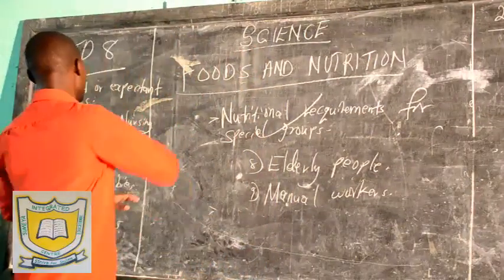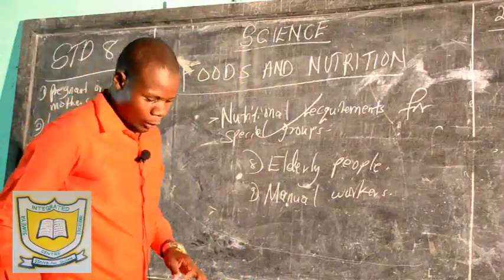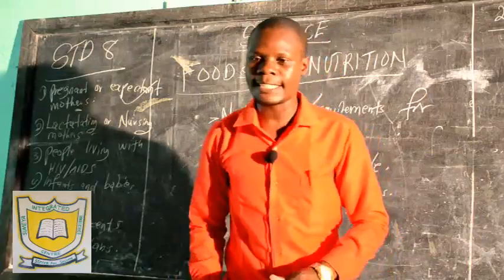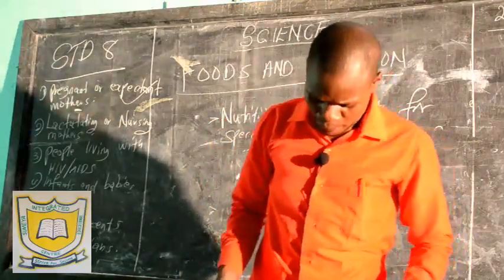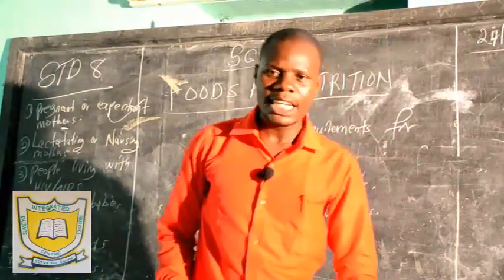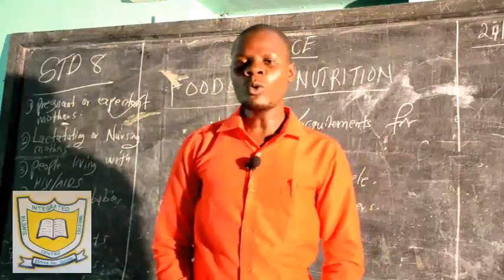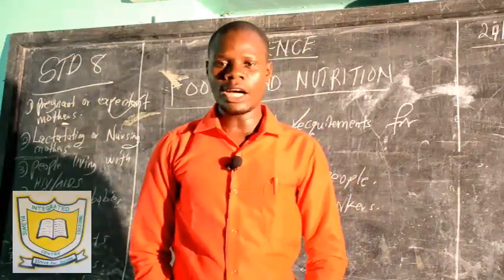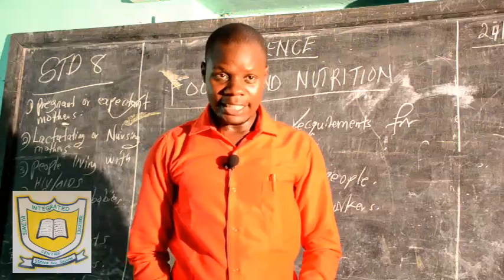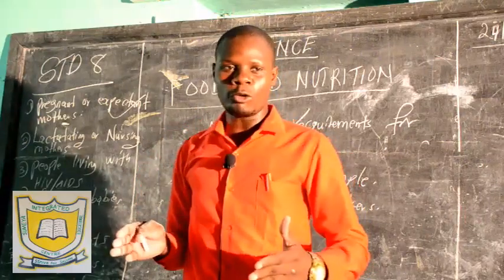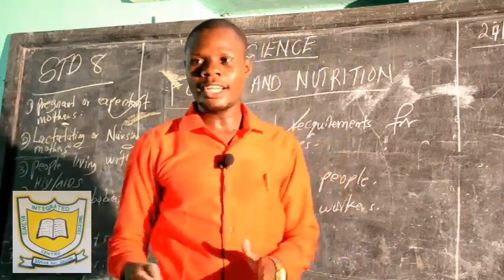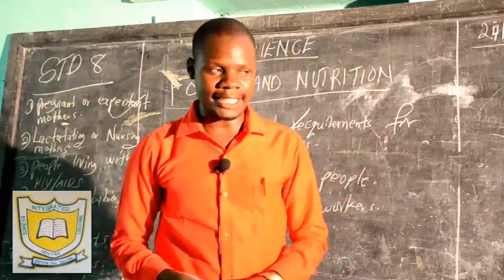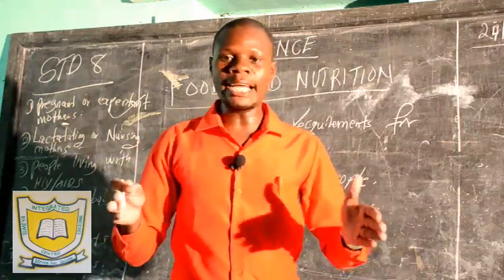I start with the first group, which is pregnant or expectant mothers. What do we mean when we talk of pregnant or expectant mothers? These are women who are expecting to deliver. Between the period of conceiving to parturition, those are expectant mothers. That is the period of 9 months.